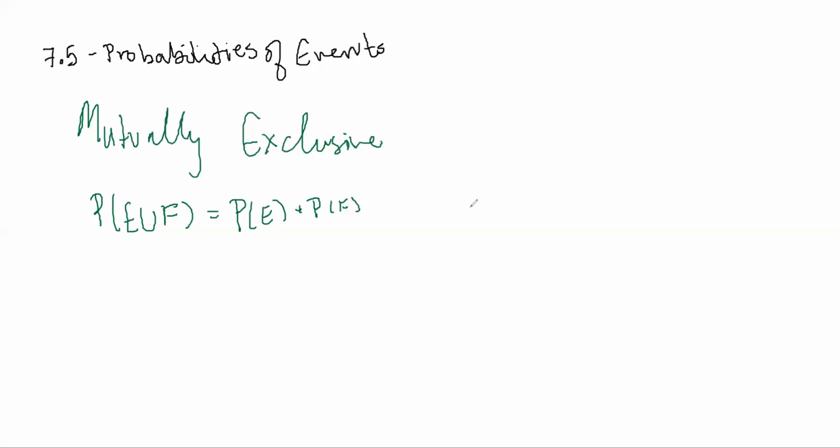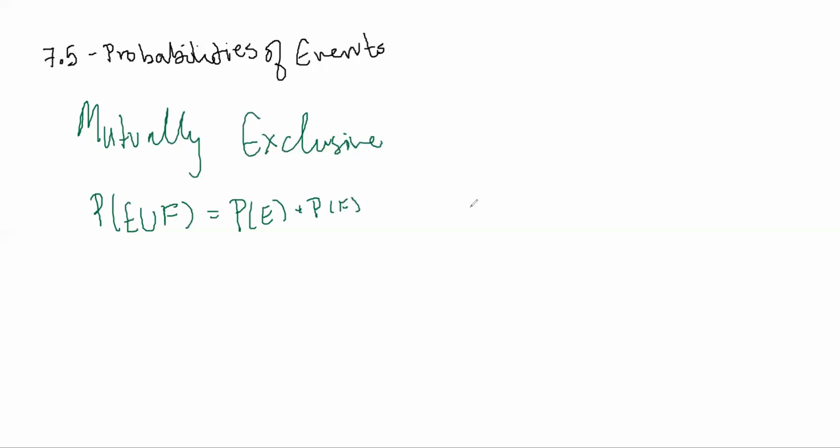Rather, let's say two events are independent if I go across the room right now and I draw a card out of a deck and I look at the card and I'm like, okay, I have this card. And then I walk back across the room and I roll a 6-sided die. These two events have nothing to do with one another.